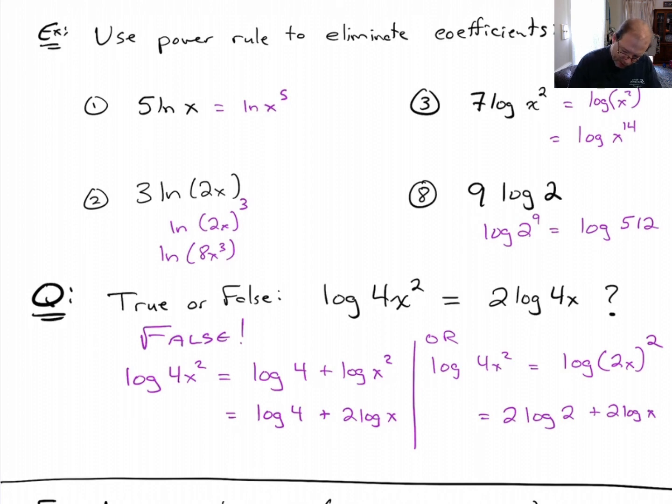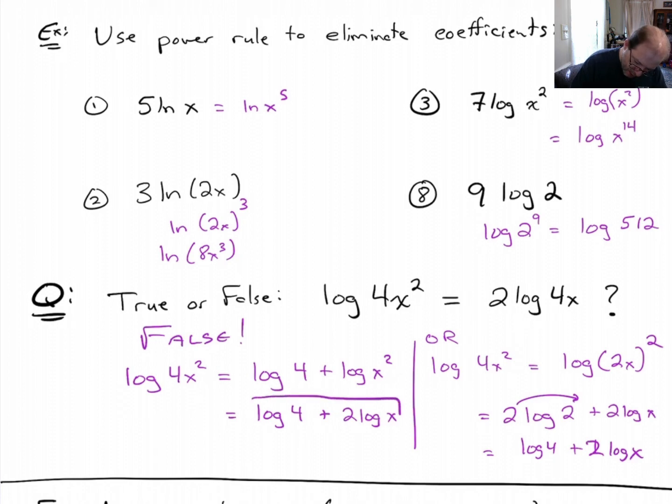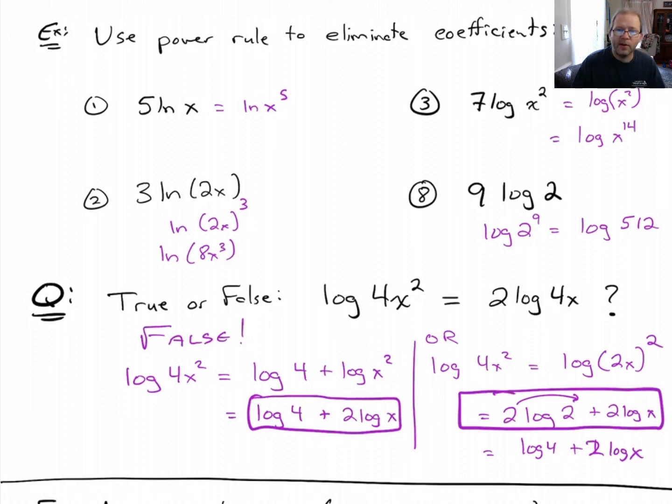And notice these are the same things, because 2 log 2 here, if we bring the 2 up here, then we would have log of 4 plus 2 log x. Now, which way would I want to see it? It doesn't matter. This and this, they're both perfectly fine ways of writing this.